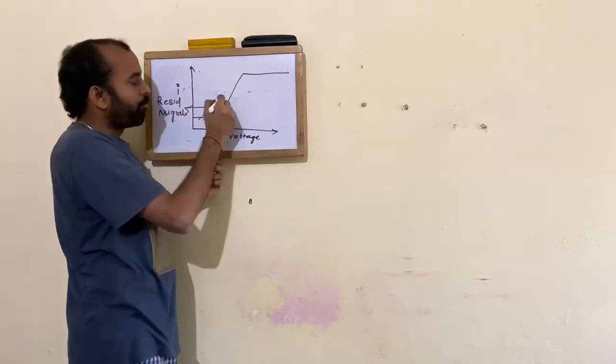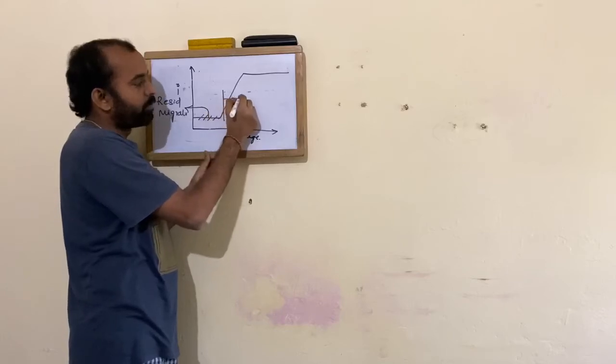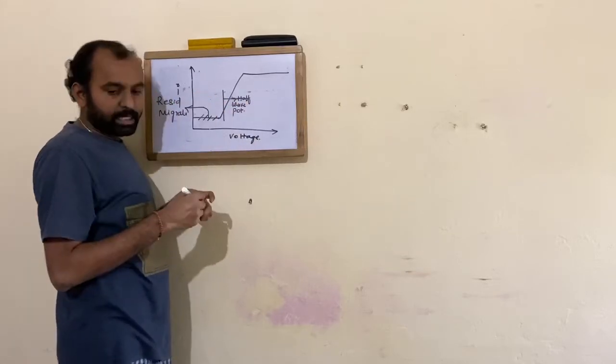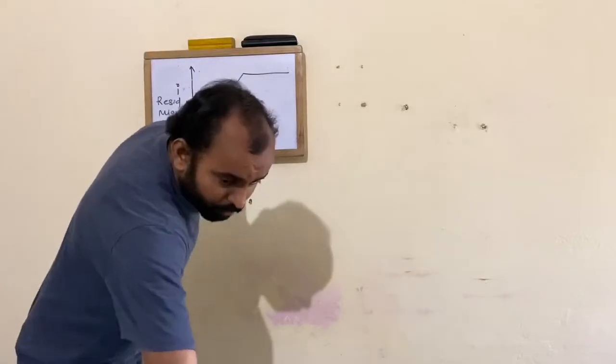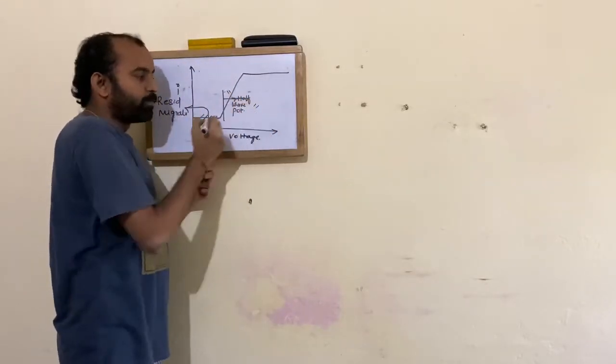The point of inflection, where there is a sudden shoot, is called the half wave potential. And this half wave potential is a characteristic of your analyte of interest. So this is your qualitative aspect.